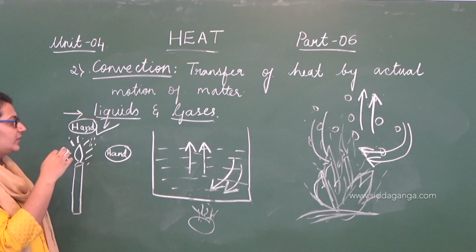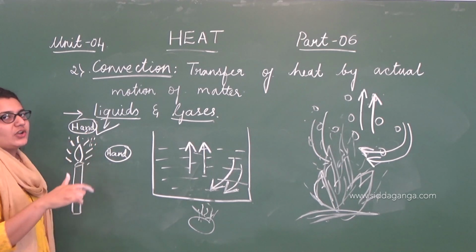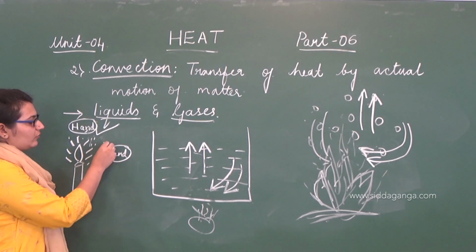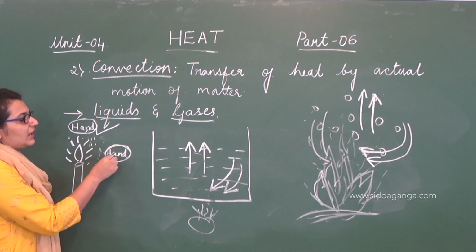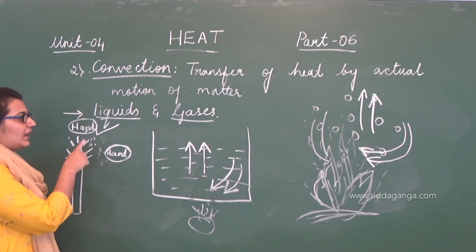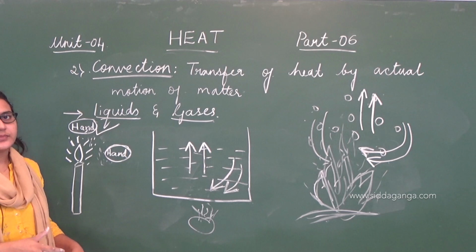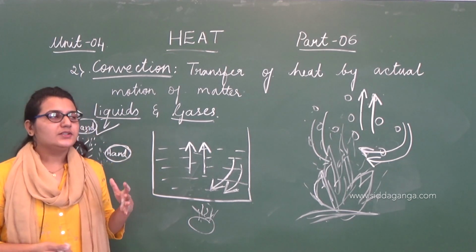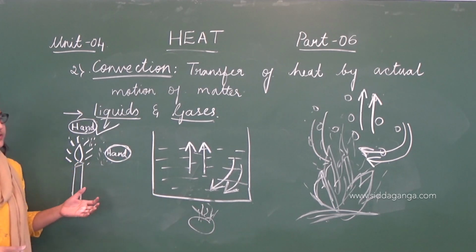So after a period of time, when there is a movement of molecules, your hand feels hot. Since there is less movement of molecules, the other hand kept beside the candle doesn't feel as hot compared to the hand kept above the candle. This is because of convection. So this is all about convection.